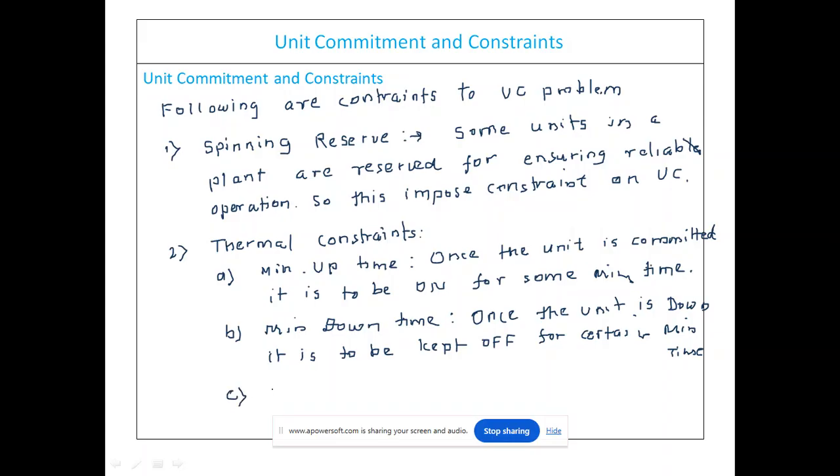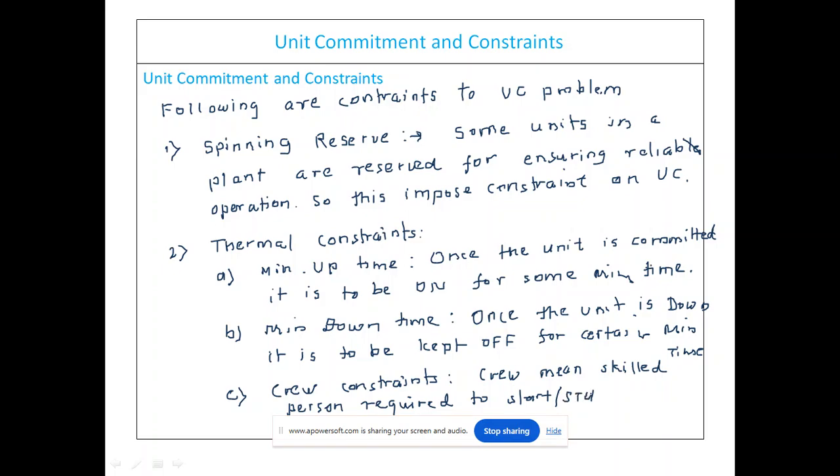Then there is another, what we call the crew constraint. Crew means the skilled labor, the skilled persons required to start or stop the unit.